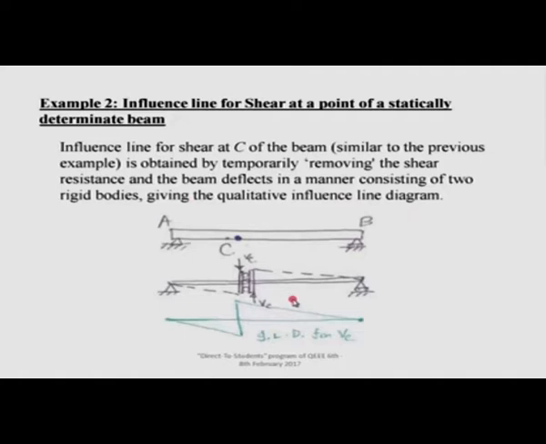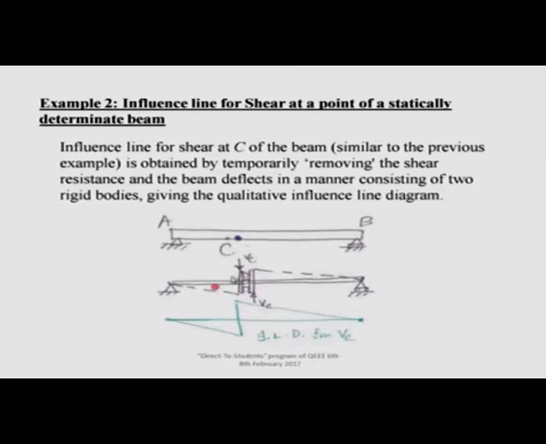You must understand properly what you are exactly doing, as there is a source of confusion for students here. Clear it once and for all with your sign convention, which is accepted by all of us: for shear, if you take a section, left up right down is positive shear.